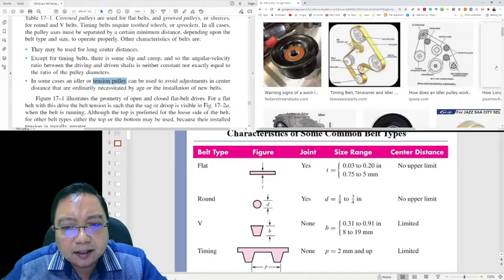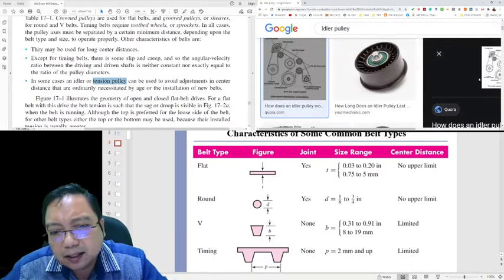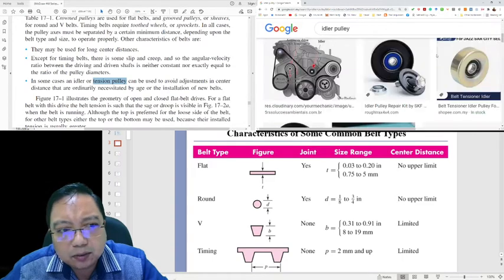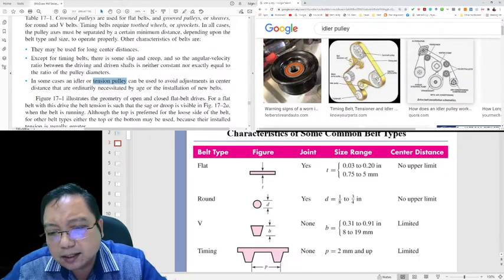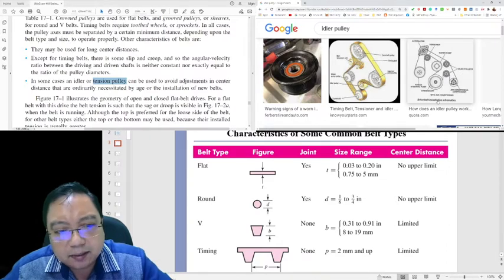If you want to connect two or three motors, they have this connection, the idler pulley and everything.